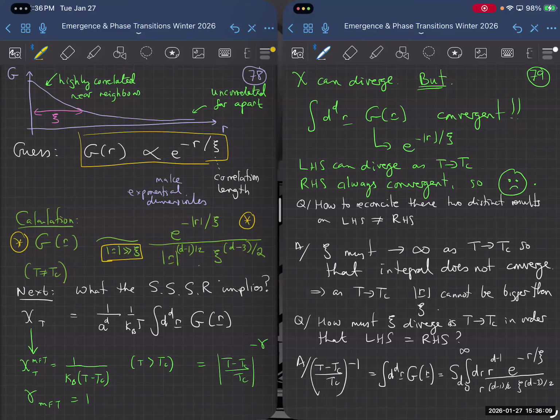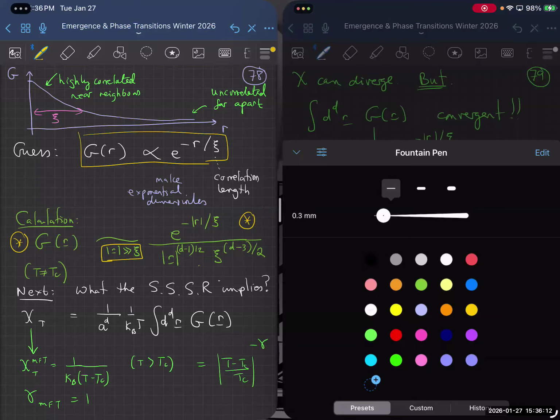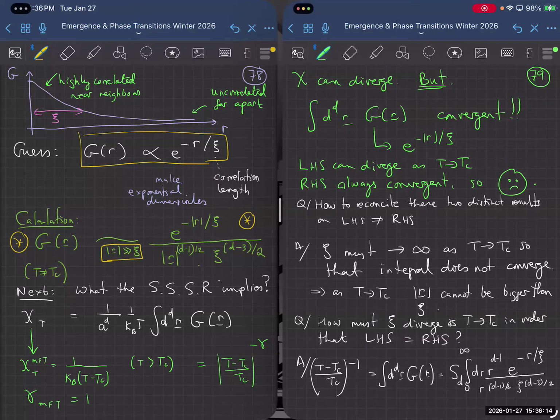That's just plugging that in and doing the integral in radial coordinates.